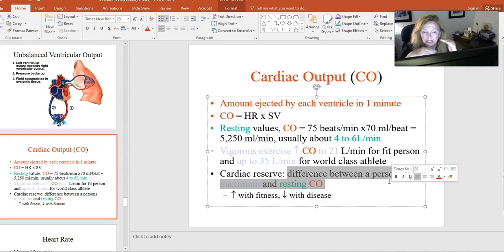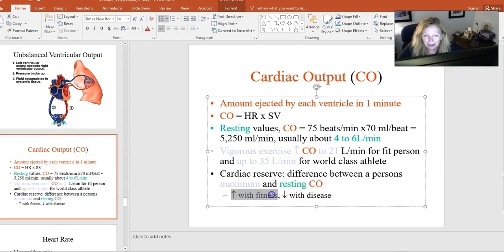But someone who doesn't have any cardiac reserve, meaning there is no difference, then you have to limit them and have them understand that they have to be very careful because they don't have the cardiac output they need to be doing certain things.